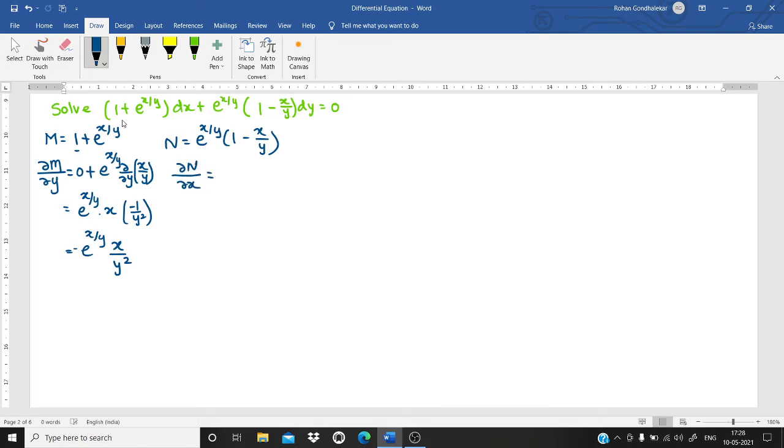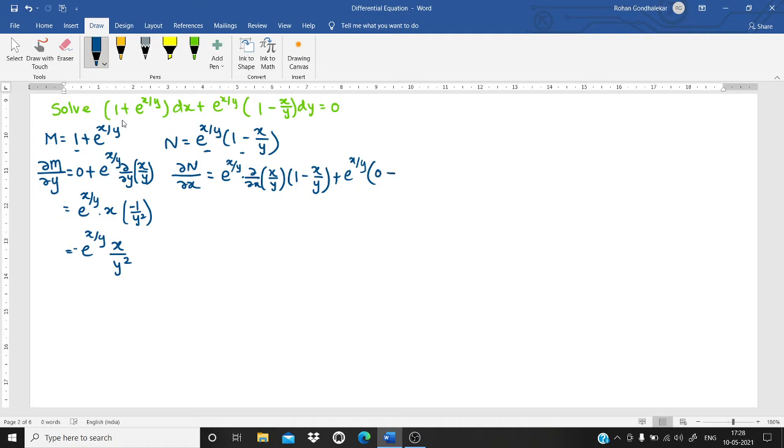Now ∂N/∂x, the partial derivative of N with respect to x. Look, e^(x/y) and (1 - x/y) both have x and they are in multiplication, so we follow the u into v rule. In the first term, the derivative of e^(x/y) is e^(x/y) into the partial derivative of x/y, which is 1/y, into the second bracket as it is, (1 - x/y). Plus e^(x/y) as it is into the derivative of the bracket term.